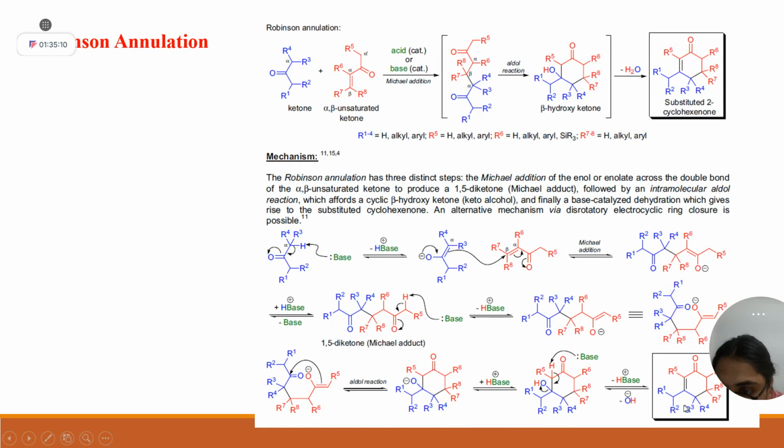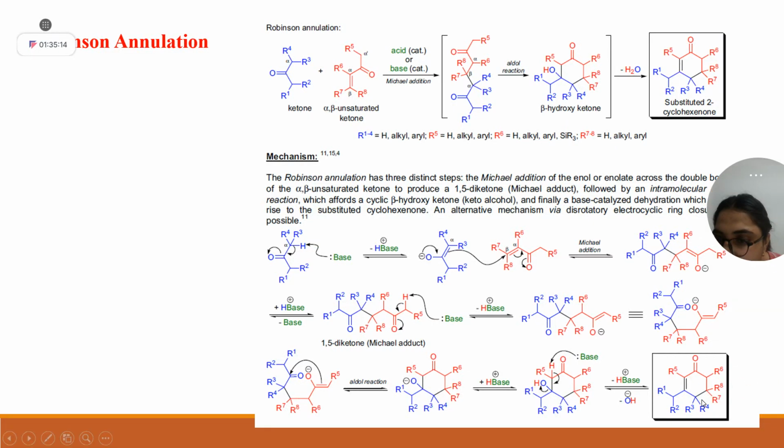If we look at its mechanism part, students, there are two bonds near this double bond, right? And the starting material is this part.